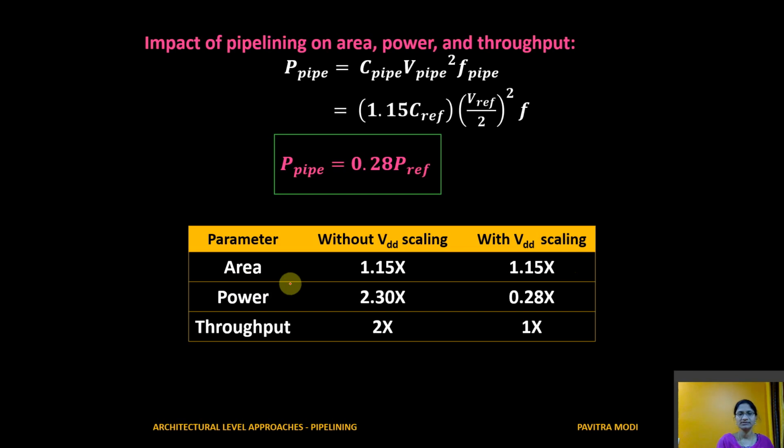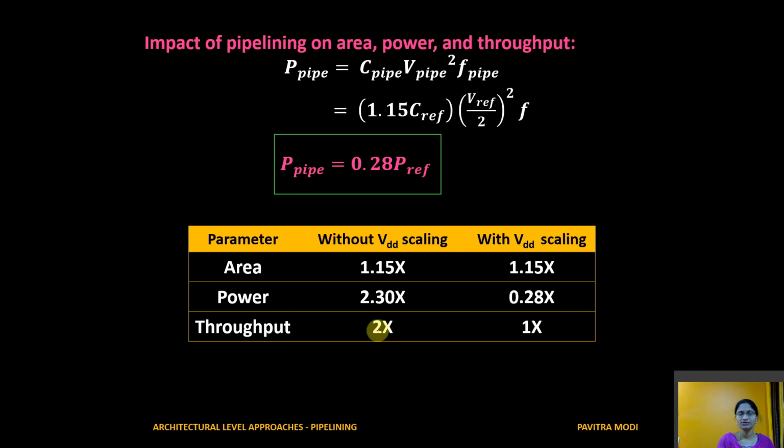Therefore, area is said to increase 1.15 times. Therefore, here also 1.15 times. And the power, as previously calculated, is 2.3 times that of the P reference. And with VDD scaling, we are going to get a power of 0.28 times that of the P reference, which is said to be drastically reduced. Fine.